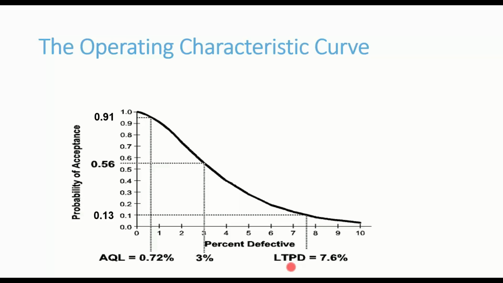That's what we said on this one. And the LTPD is that percent defective with a 10% chance of acceptance, which are your alphas and betas, right? And so at the LTPD, 90% of the lots should be rejected. And that's about right, 0.13. That's pretty good, 1 minus 0.13.